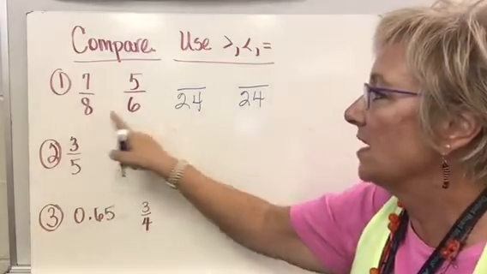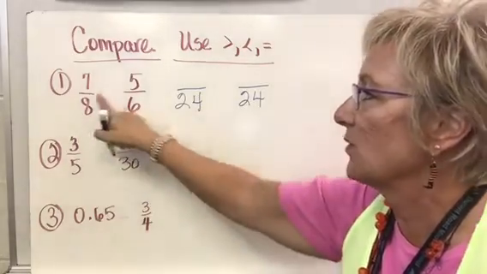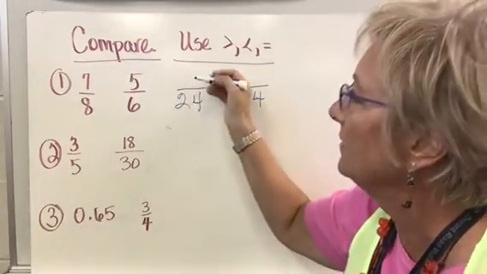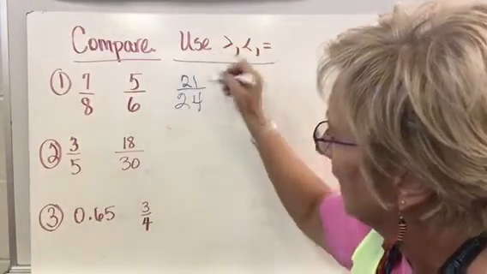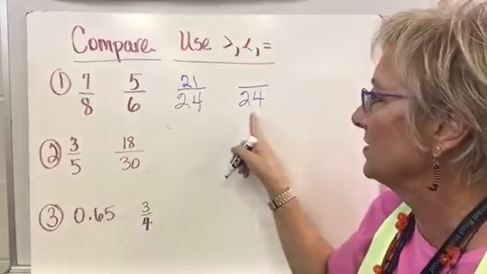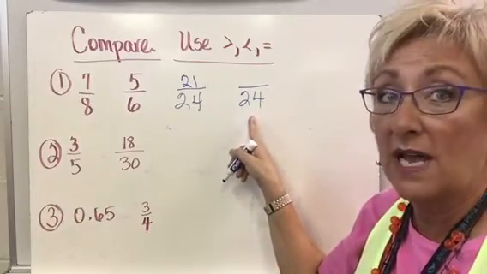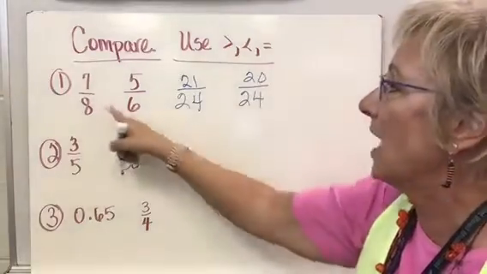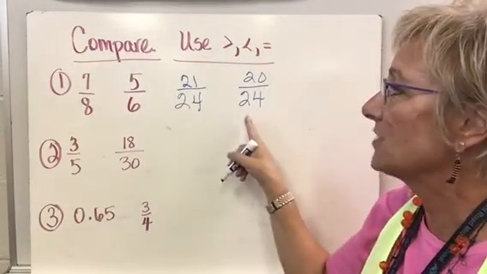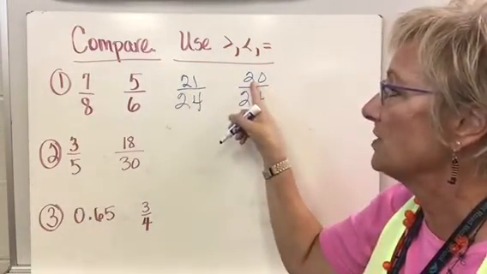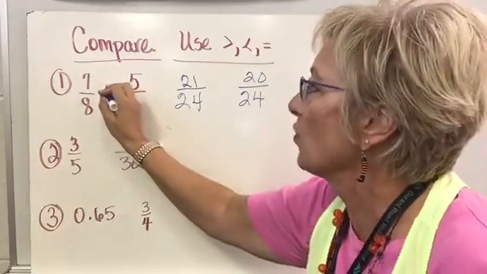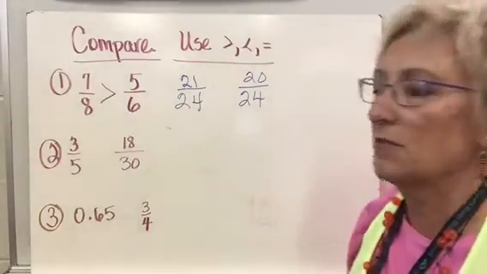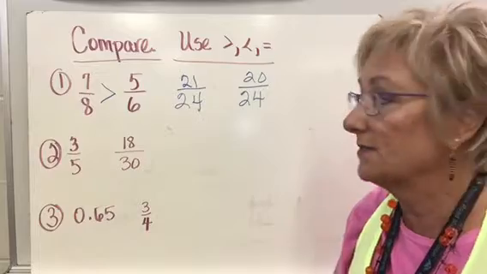I know that 8 goes into 24 3 times, and 3 times 7 is 21. I know that 6 goes into 24 4 times, and 4 times 5 is 20. So I know that in my equivalent fractions, 21 is greater than 20. Therefore, I'm going to put the greater than sign in the space between the two original fractions.